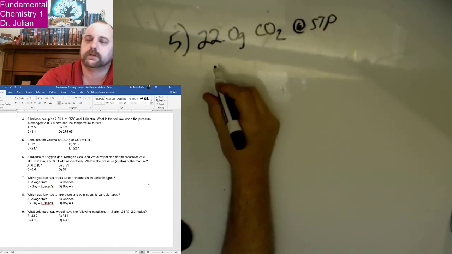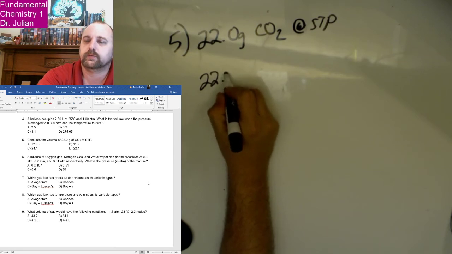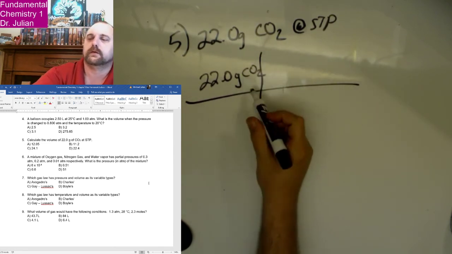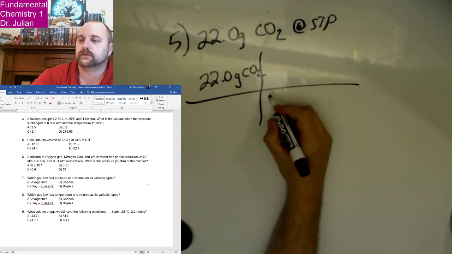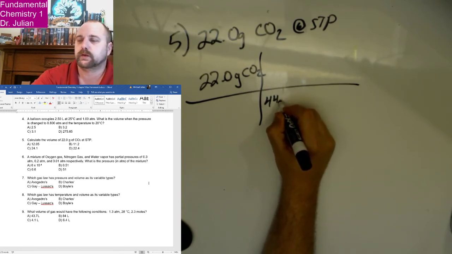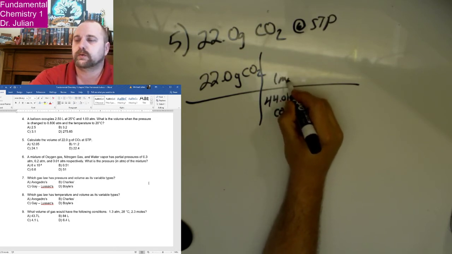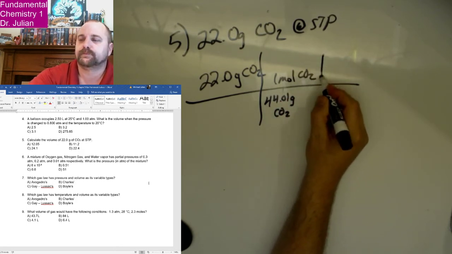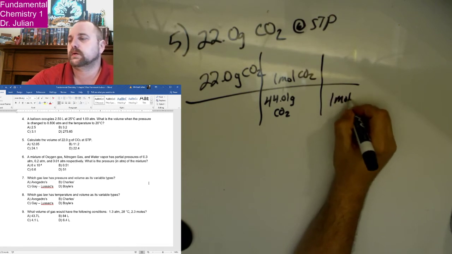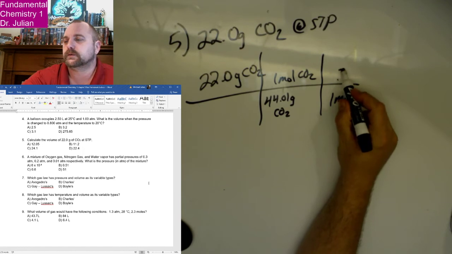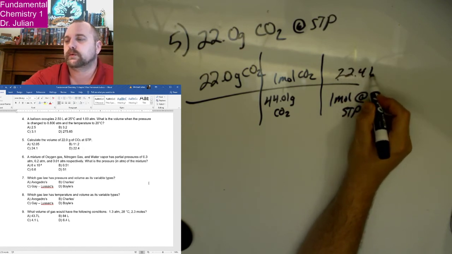All right, let's do it the cheating way. 22.0 grams CO2. 12.01 plus 32 is 44.01 grams of CO2 in 1 mole CO2. 1 mole of any gas at STP is 22.4 liters.